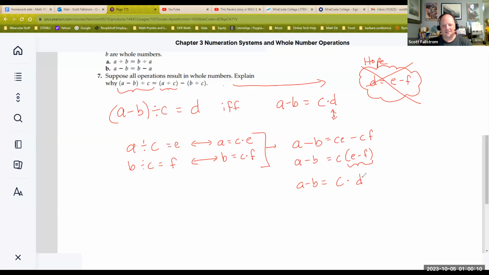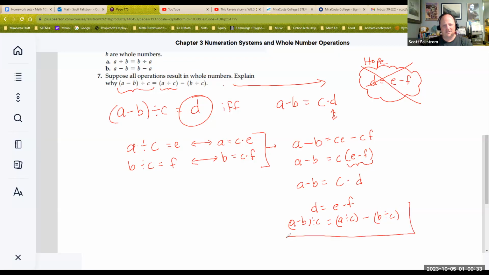So what I have now is that d is equal to e minus f. And if d is equal to e minus f, then d, which I defined right here, is a minus b divided by c, and e is a divided by c and f is b divided by c.